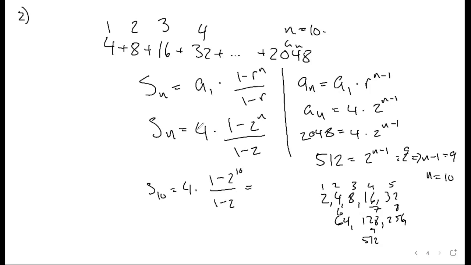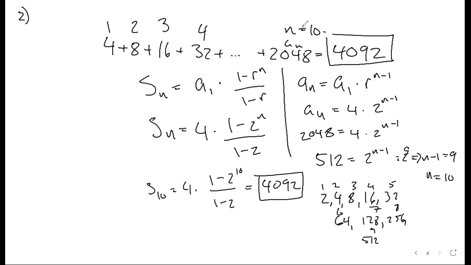So 1 minus 1024, and then times 4. So this is 4092. Once you do all those calculations, you get 4092. And yeah, I believe that. That seems right.